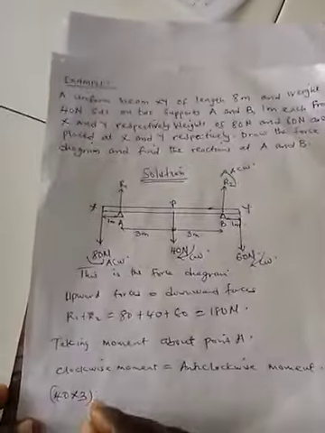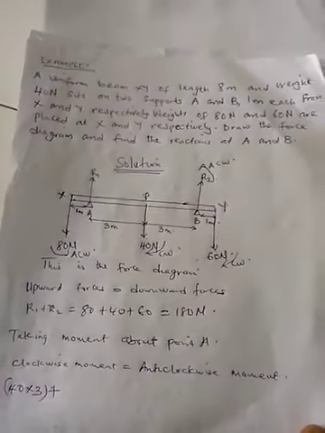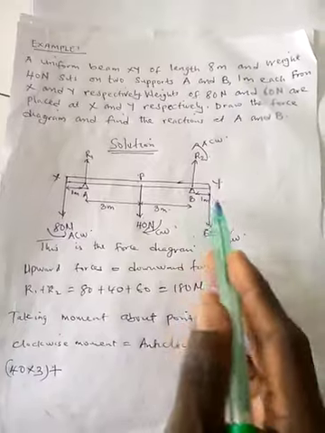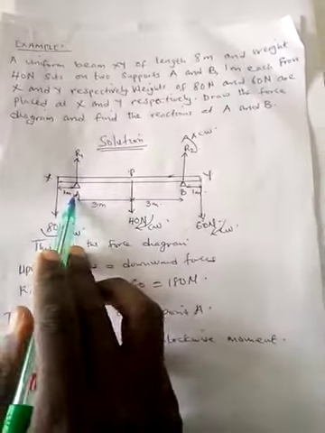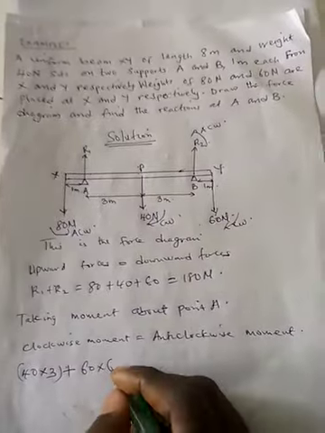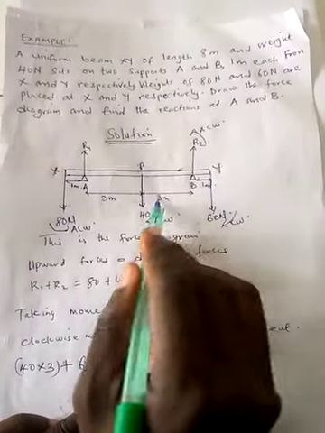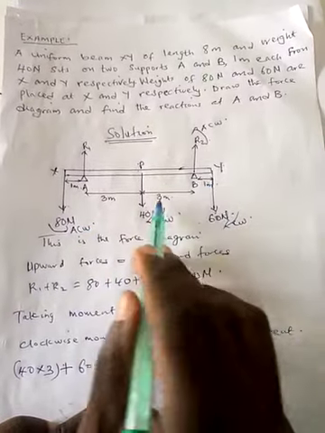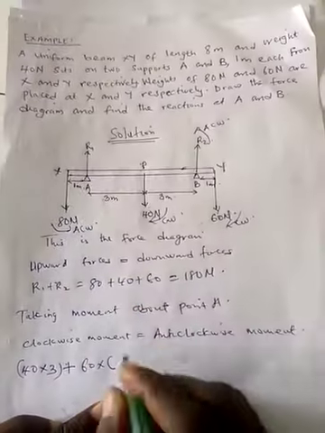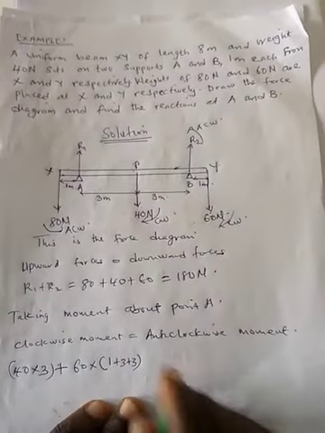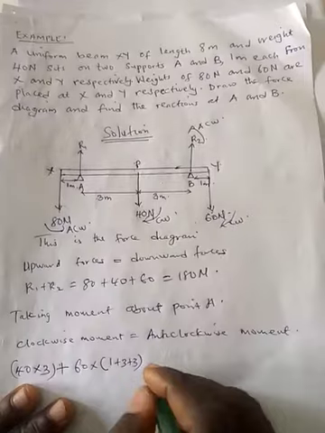So we have 40 times 3, plus, then we have this force which is clockwise, and the distance is 60 times 1 plus 3 plus 3. That is all for the clockwise moment.